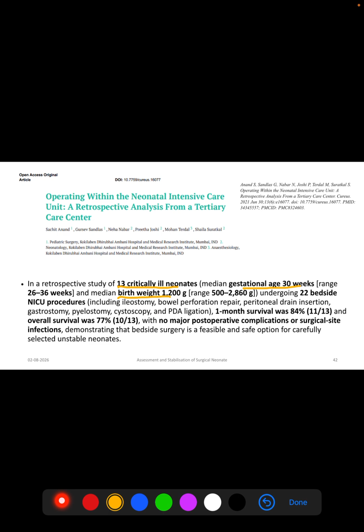It was found that 1 month survival was 84% and overall survival was 77%, and no major post-operative complications and SSI were seen.